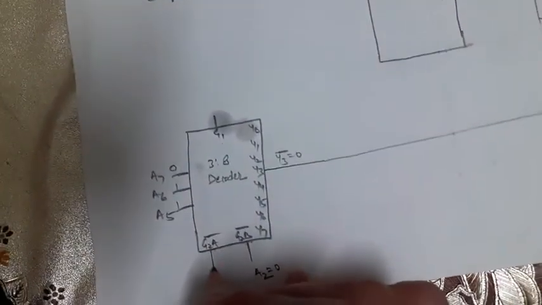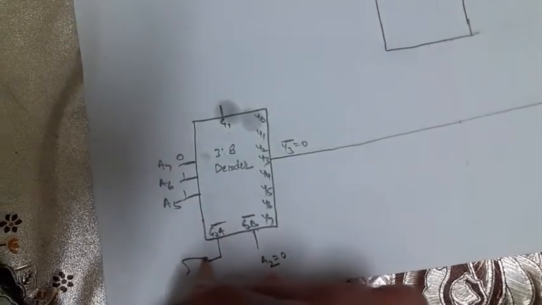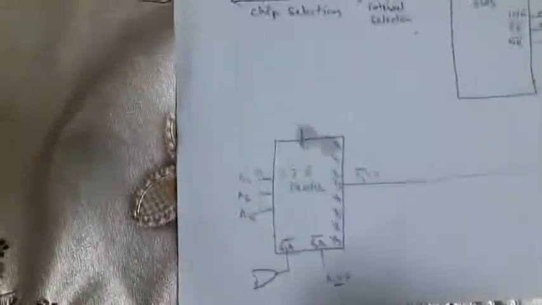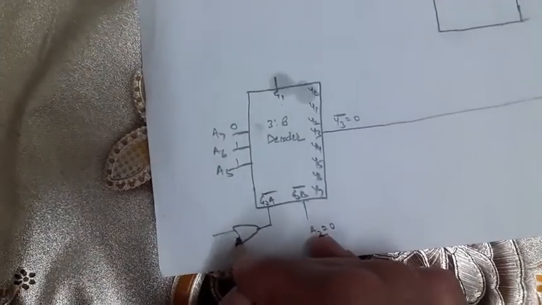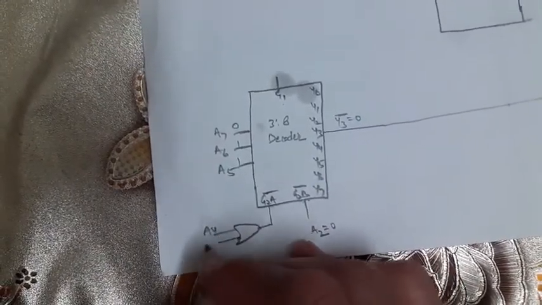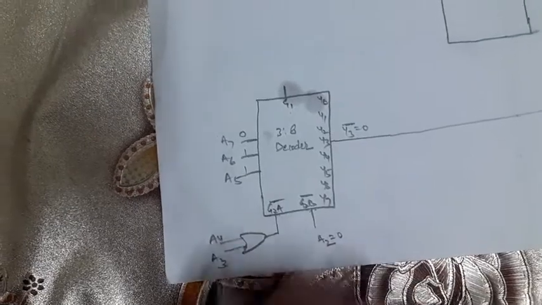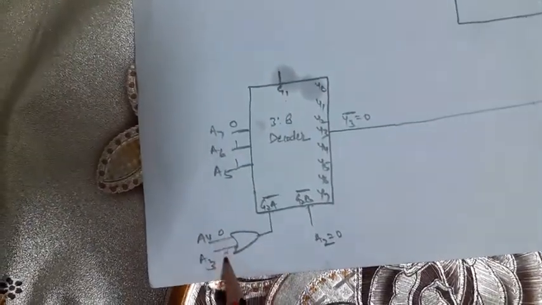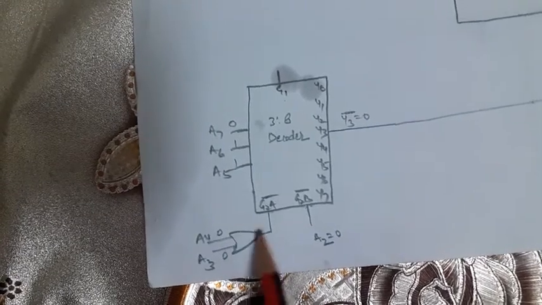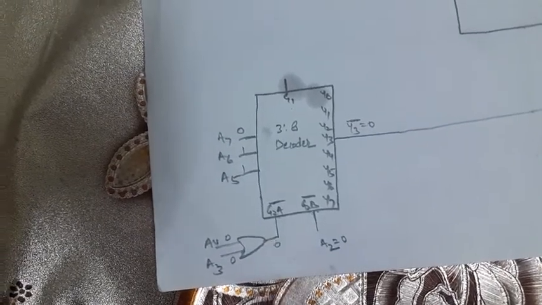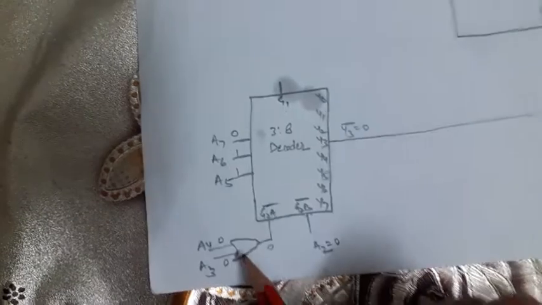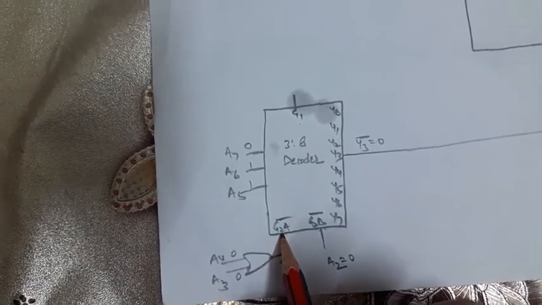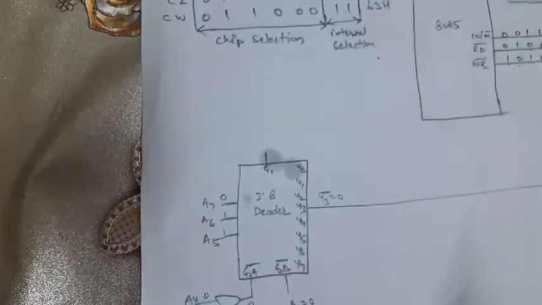We will use an OR gate, as we did in the interfacing of 8255, and connect A4 and A3. When these two are 0 0, the output will be 0. So this will enable G2A bar.